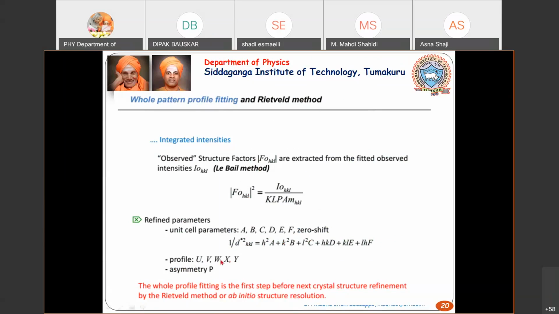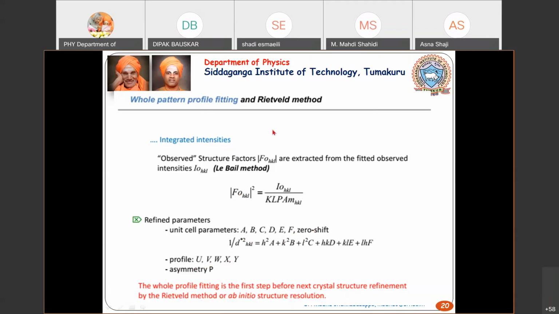This is just taking care of your lattice parameters and your zero shift. Zero shift is mainly due to the instrument, or your sample preparation. And then you are also taking care of UVW, which is again your instrument parameter. You are taking care of this in your profile fitting.